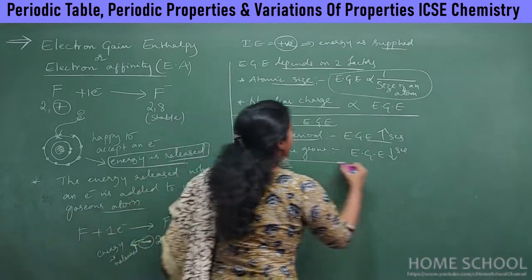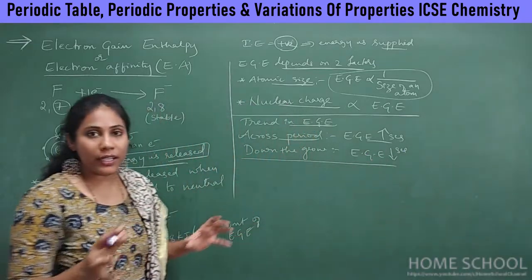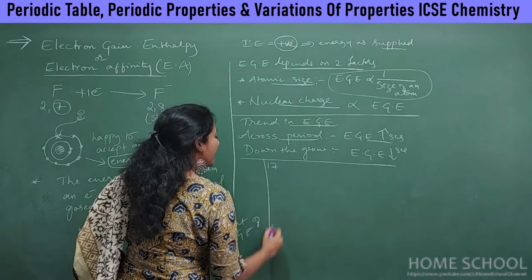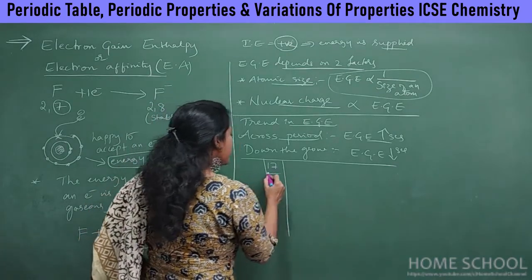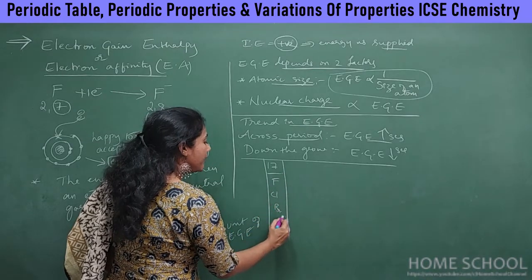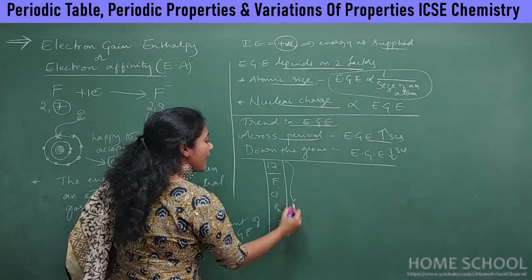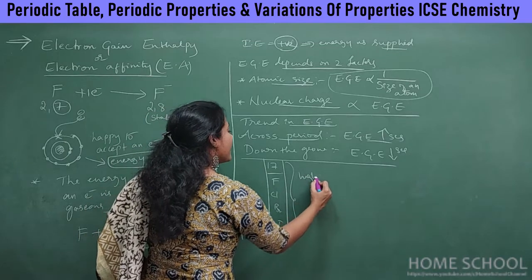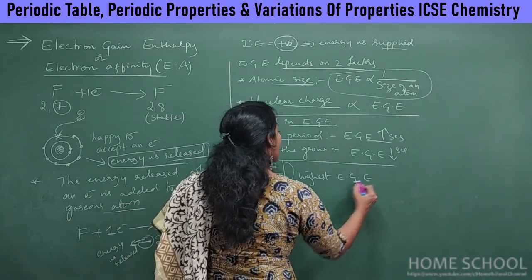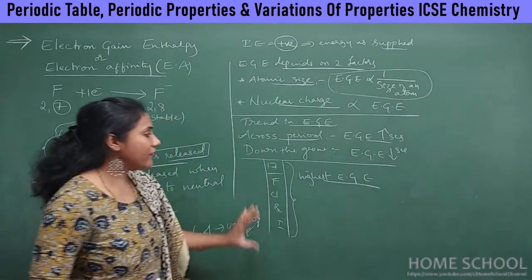Among all elements in the periodic table, your halogens, that is our 17th group elements. Can you all name the 17th group elements? Fluorine, chlorine, bromine and iodine. So these have the highest electron gain enthalpy. Clear everyone?